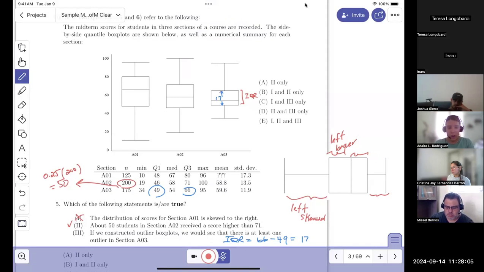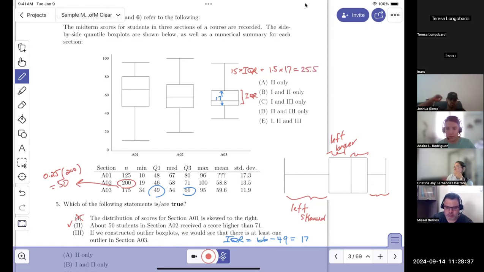Now we're going to take the IQR and multiply it by 1.5. What do we get? 1.5 times 17 is how much? 25.5.